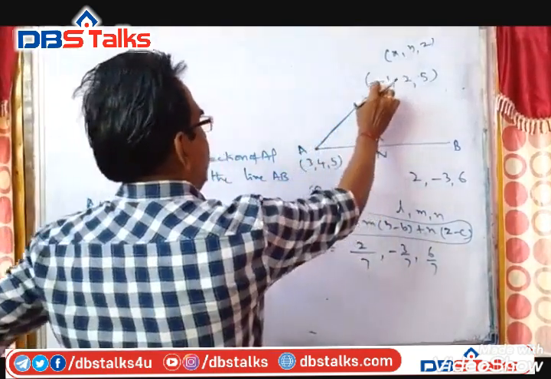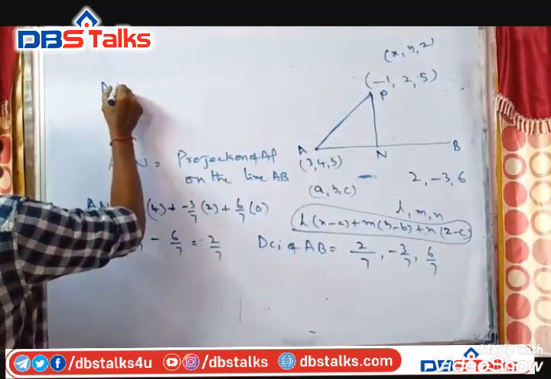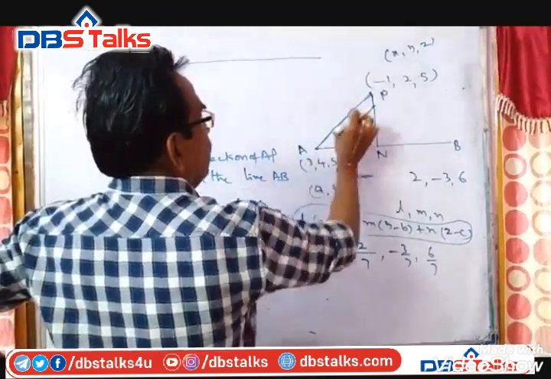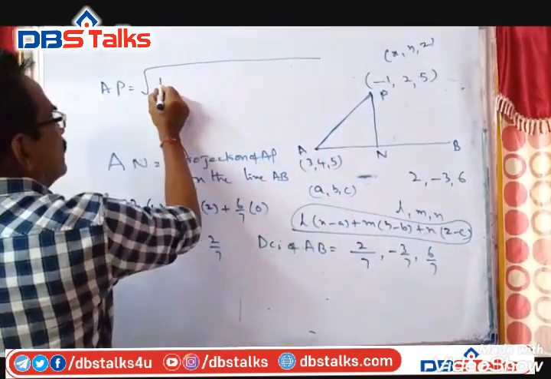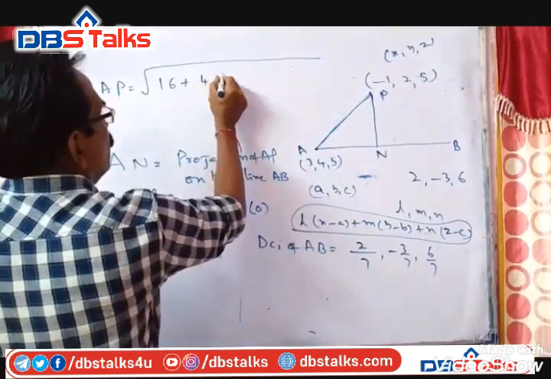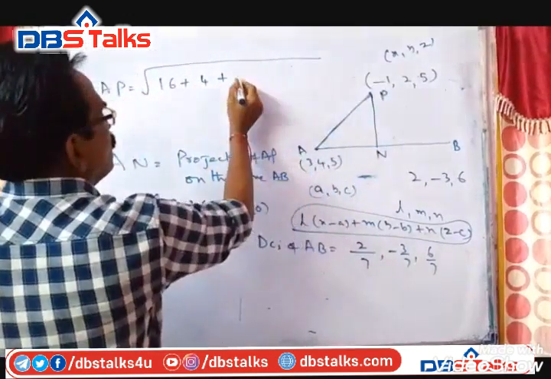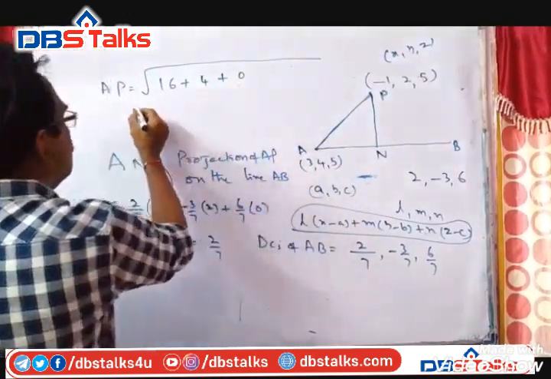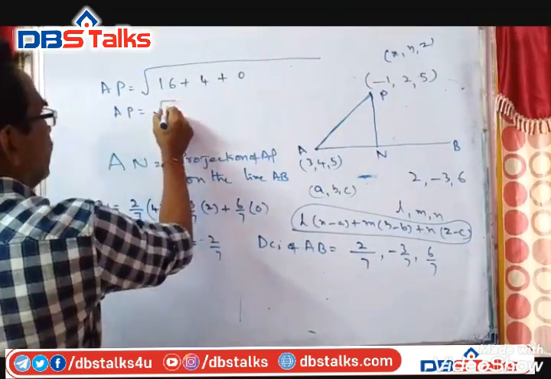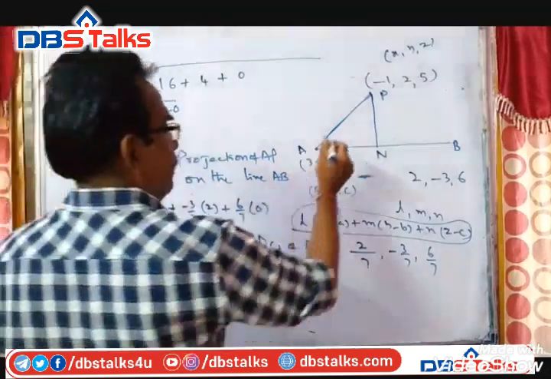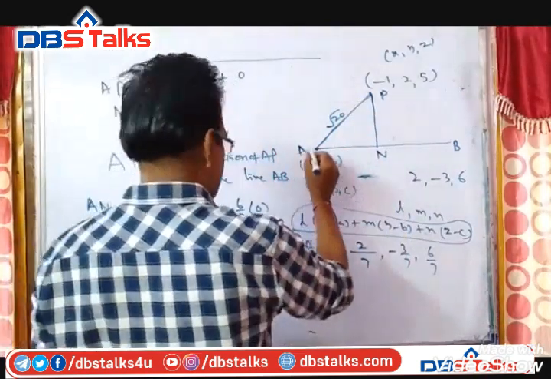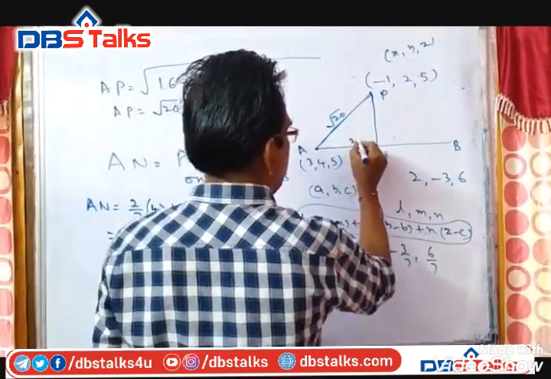The length of AP we can find. AP is equal to the root of (3 minus of minus 1) whole square, 16, plus (4 minus 2) square, 4, plus (5 minus 0) whole square. So AP is equal to root 20, friends. AN is equal to 2 by 7.